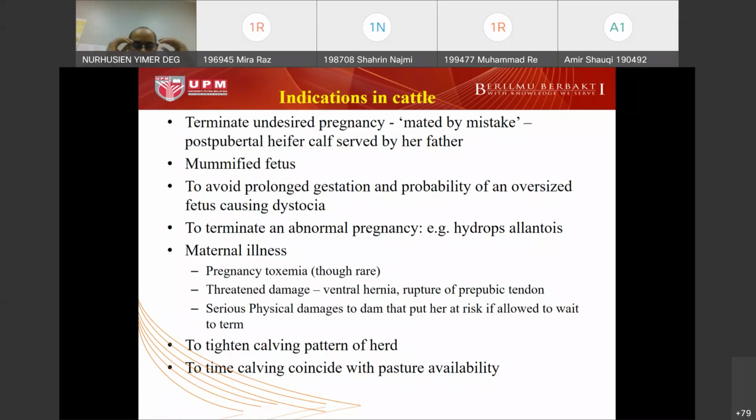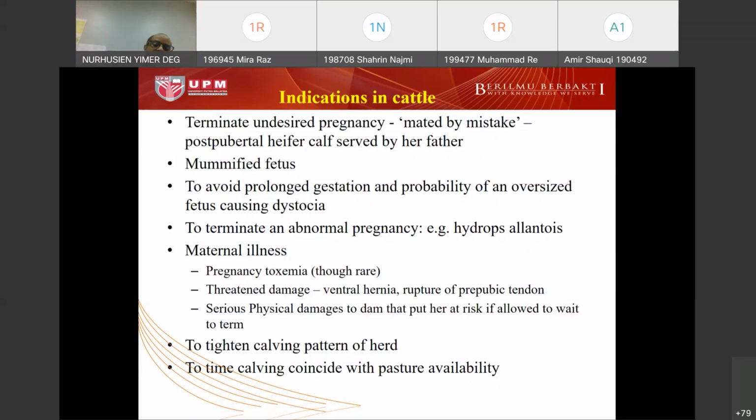And in fact, you may have heard of this even in Malaysia. There is a particular breed of cattle, especially in Terengganu and Kelantan. A lot of people breed this animal, which has what we call double muscle cattle breed. I forgot the name of the breed.